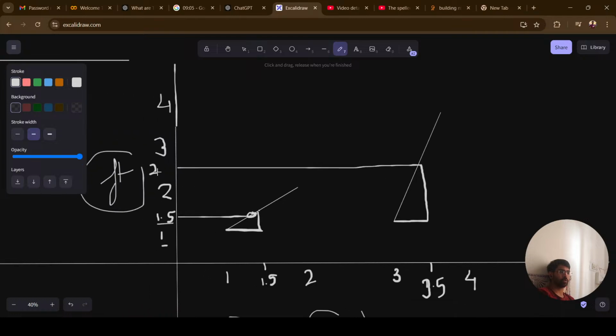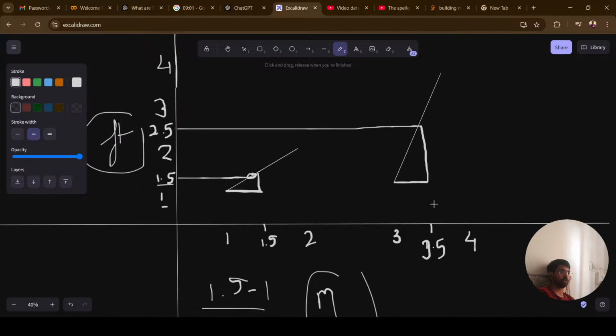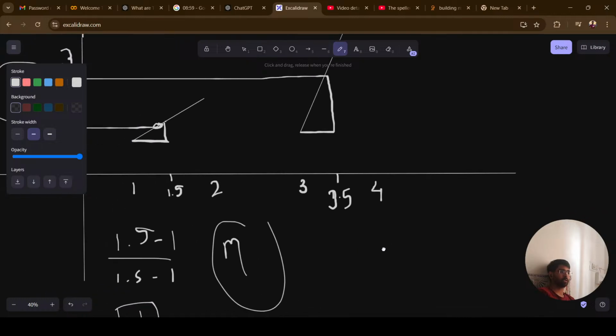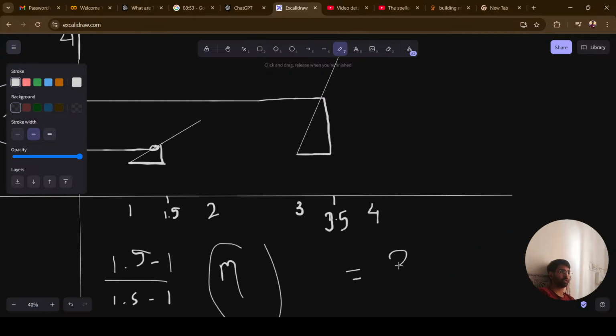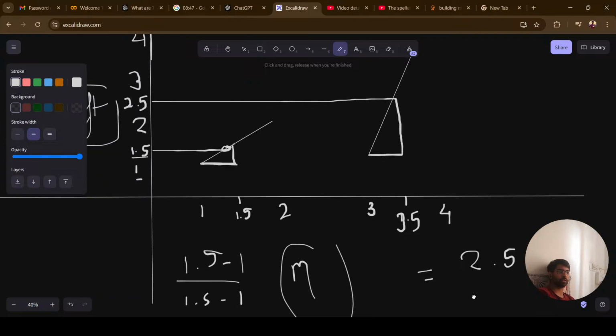Let's say it is 2.5. So here the slope will be delta y. Delta y is 2.5 minus 1, because the value of y is 1 only.